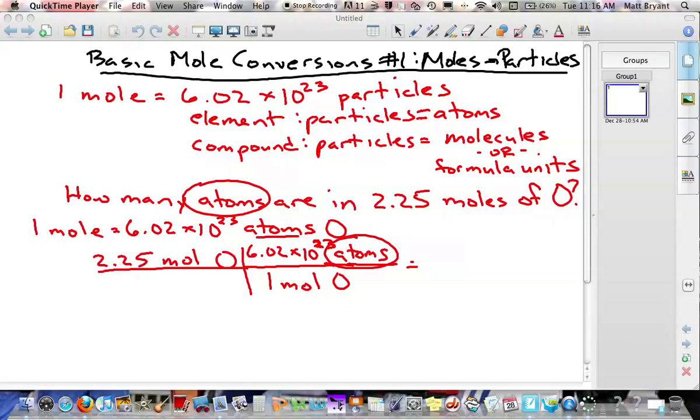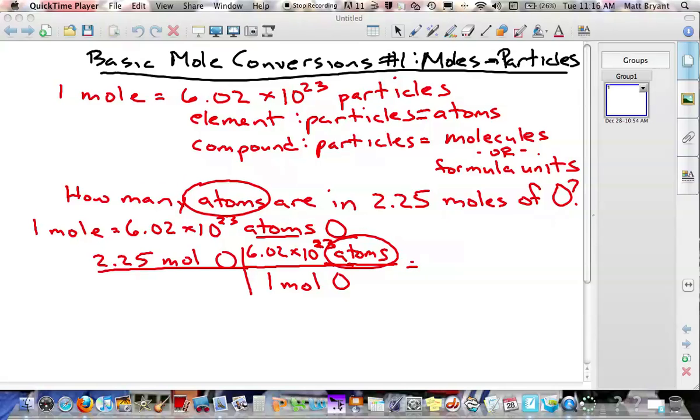So, all we need to do now is crunch the numbers. Now, if you need a refresher on how to enter exponents into your calculator, we can talk in class. But I'm going to assume that you remember that from the beginning of the year, and we're going to talk about how to solve this. So first, we're going to punch in 2.25 moles. Anything that's on the top, we multiply. So I'm going to multiply by 6.02 times 10 to the 23rd.